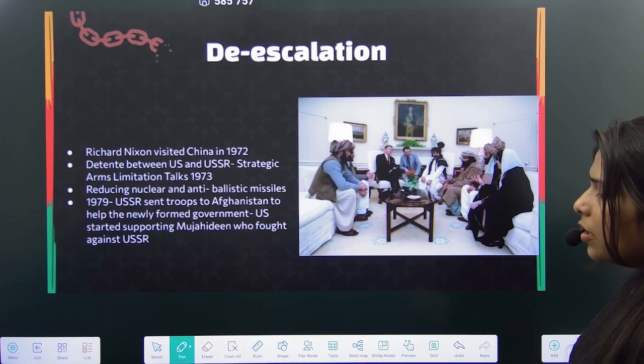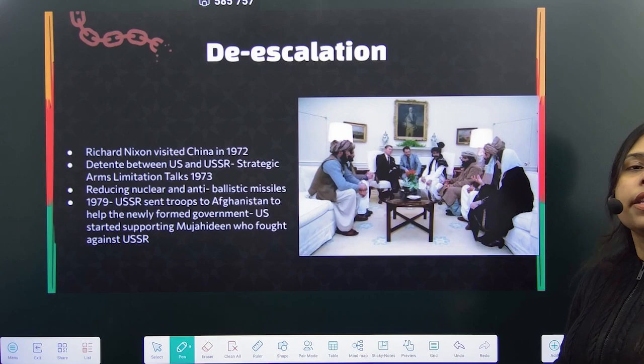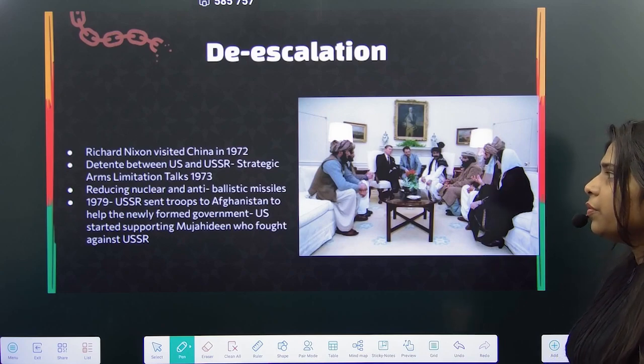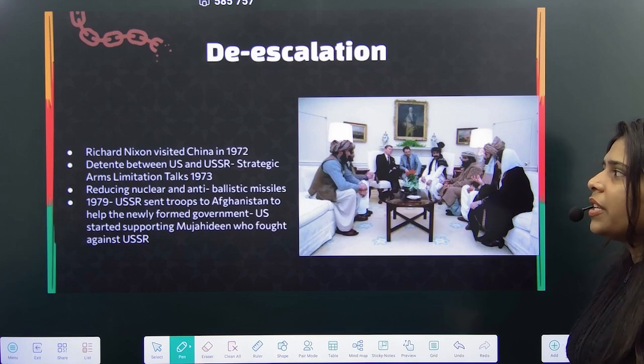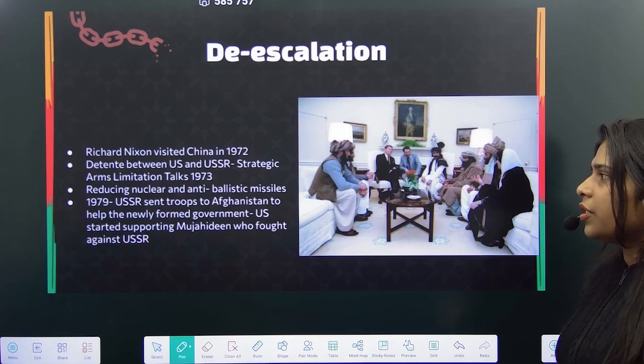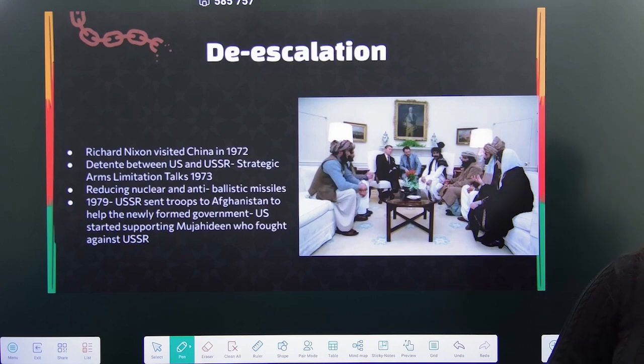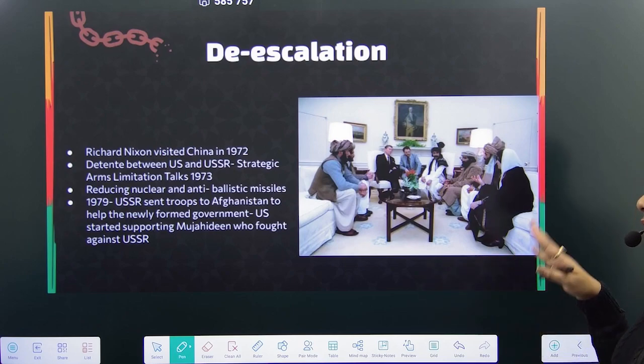As a show of detente between the two powers, Richard Nixon visited China in 1972. There was a detente between the US and USSR also when they signed the strategic arms limitation treaty. They had the strategic arms limitation talks in 1972, and they signed the treaty. They decided basically that they are going to reduce nuclear anti-ballistic missiles.